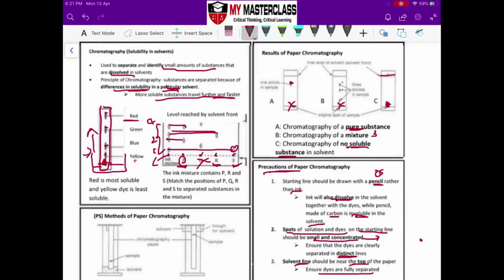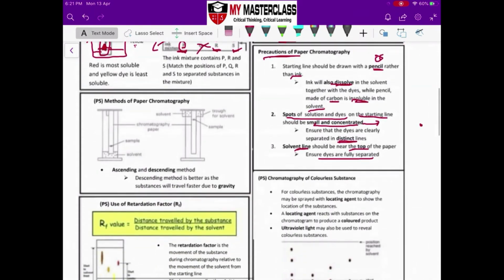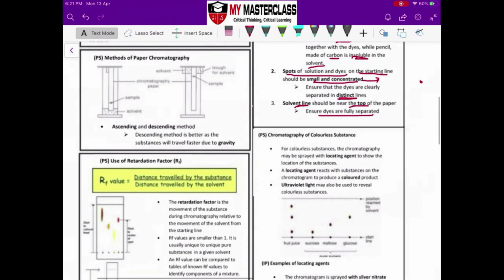What happens if I stop all the way here and there is a dot here? Then if I stop immediately, I cannot see this separation. So I must let it run all the way close to the top so that this last dot, which is very soluble because it's the furthest away, can be seen. So this allows for effective and maximum separation.